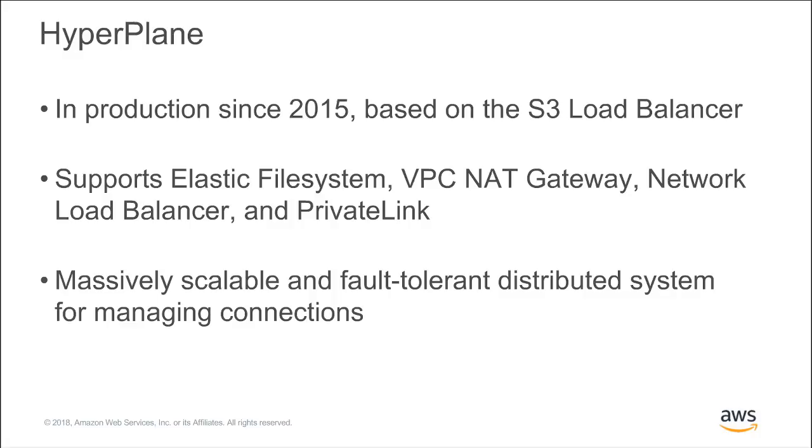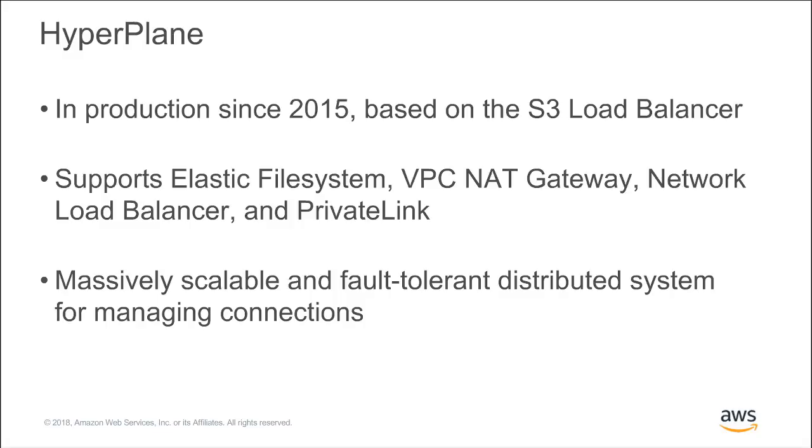And Hyperplane supports the Elastic File System web service, VPC NAT gateway, our network load balancer, and PrivateLink. It's a massively scalable and fault-tolerant distributed system that manages network connections. It's just part of the core VPC technology, and it's handling all of this PrivateLink traffic as well as the traffic for all of those other services.